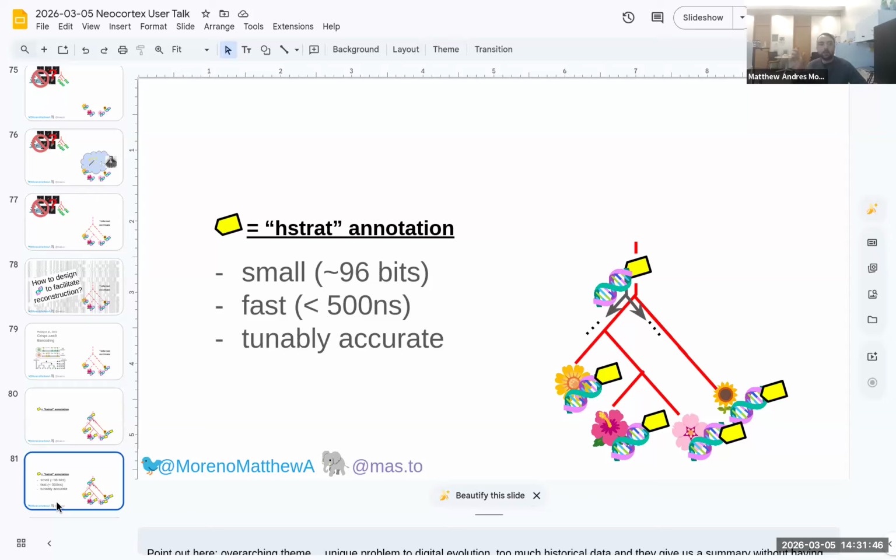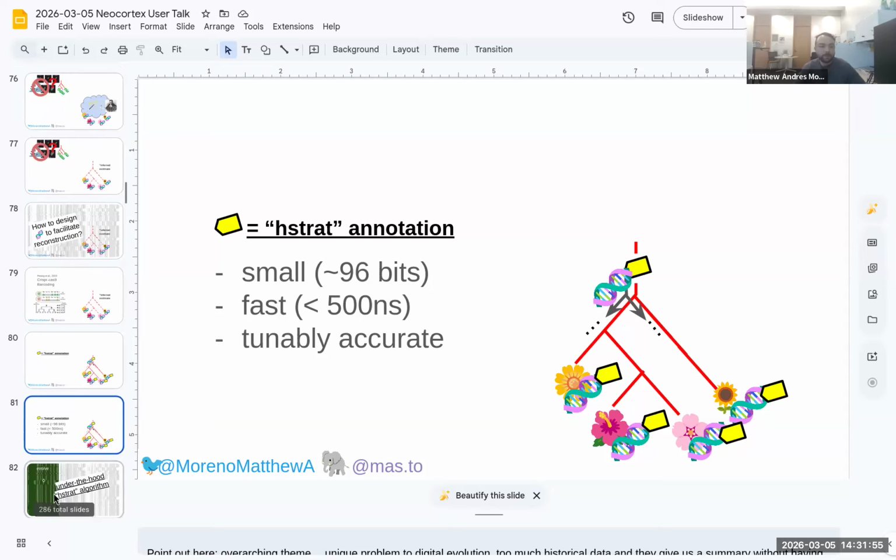And then we can just pull these genomes off the simulation, extract their tags, and then use these tags to build a phylogeny.